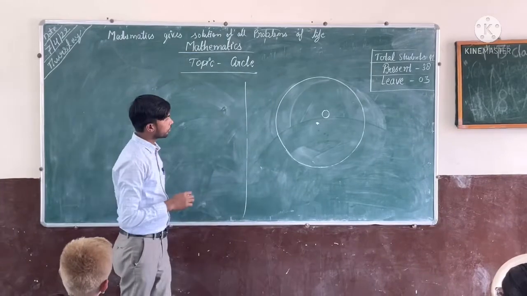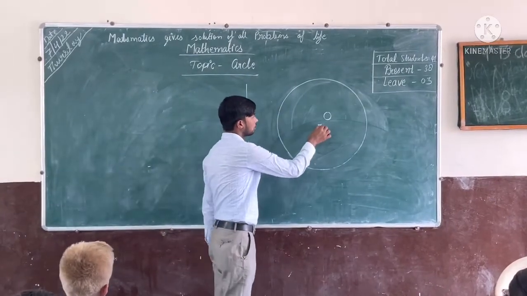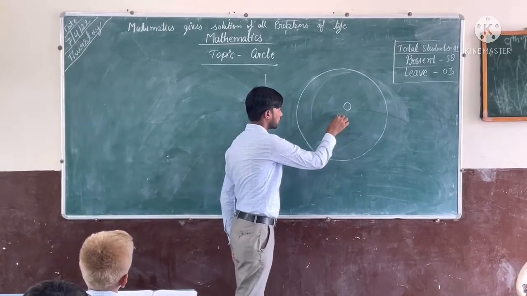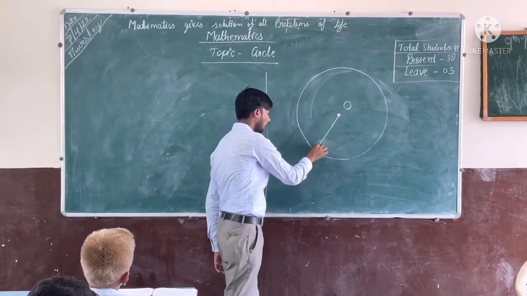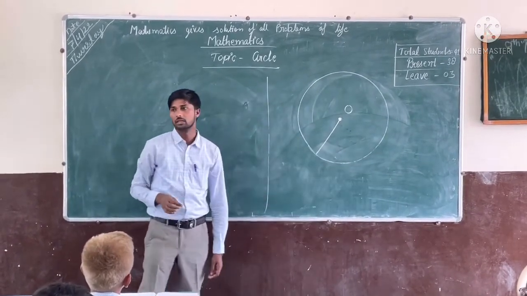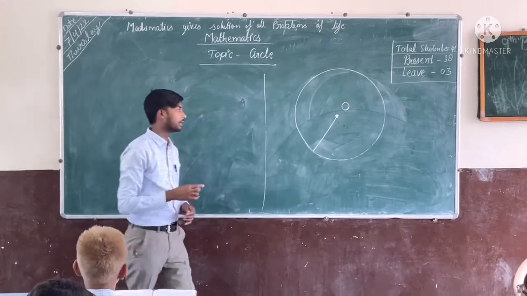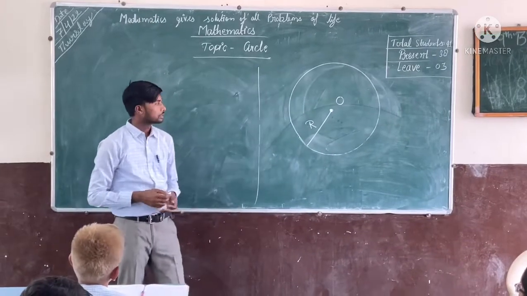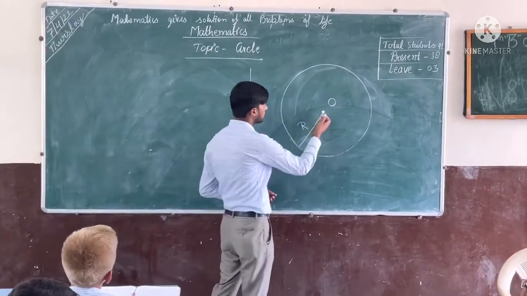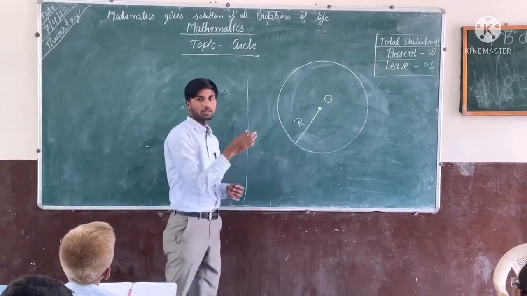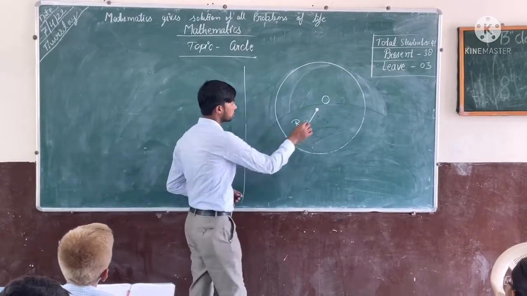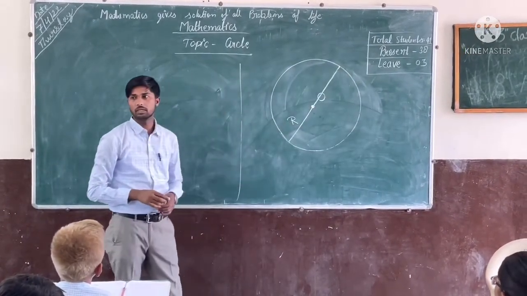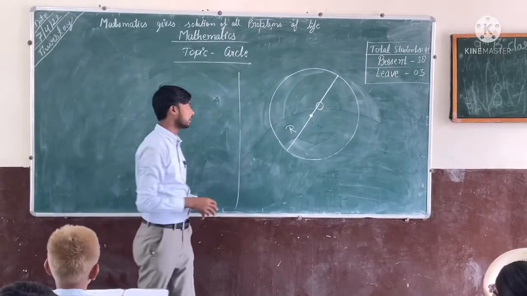Now coming forward, the distance of this point from any point on the circumference is called the radius of the circle, and it is represented by capital R. Similarly, if we extend this radius in the same direction so that it joins 2 points on the circumference and passes through the center, it is called the diameter.